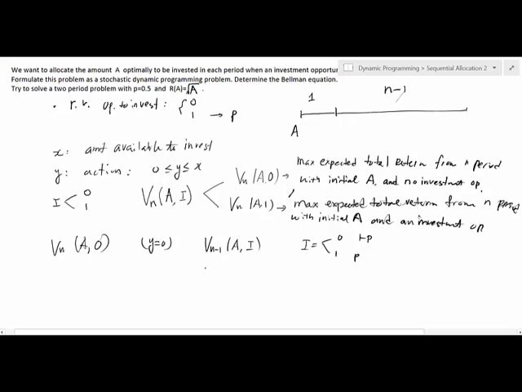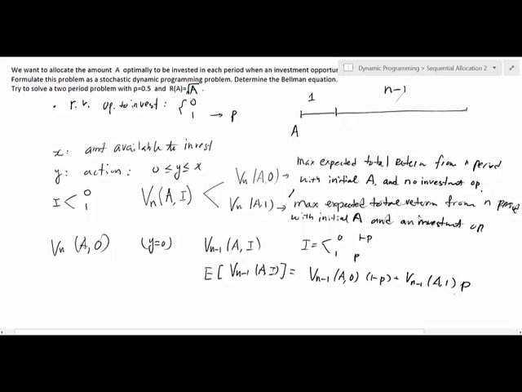So if we want to look at the expected return of the future, we have the expected value: Vn minus 1 of (A,0) with probability 1 minus p, and then Vn minus 1 of (A,1) with probability p. You can see the structure here.